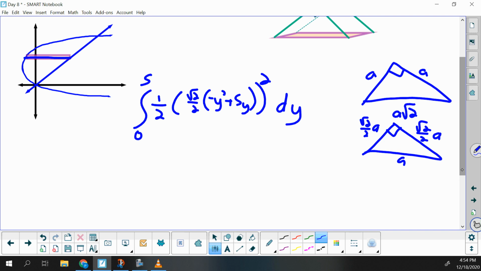Well, if we square root of 2 over 2, that'll give us 2/4, which is 1/2. Times the 1/2 that was already out front will give us 1/4. And then we'll just have to square out the minus y squared plus 5y, all squared.